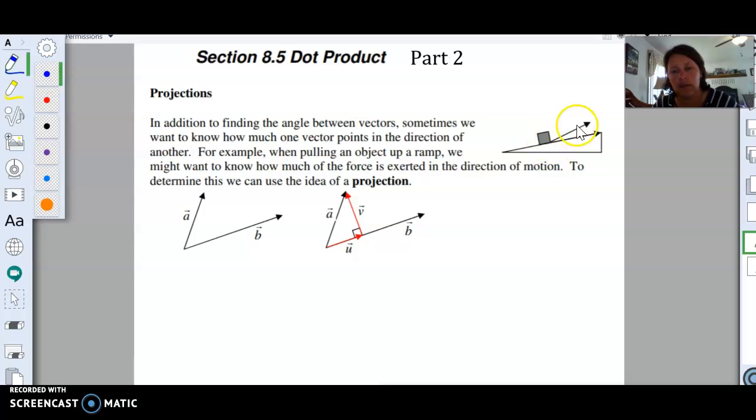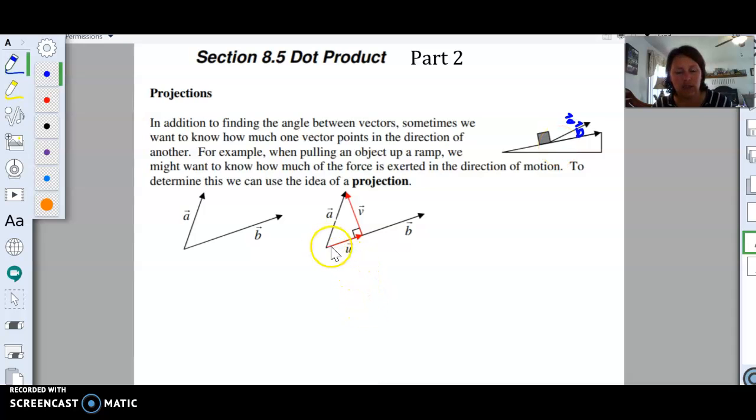This upper vector would be vector A. This other vector down here, we would consider vector B. Vector B is the vector in which the object is moving, so it's the motion of the object. Vector A is the force that is being applied to that object.